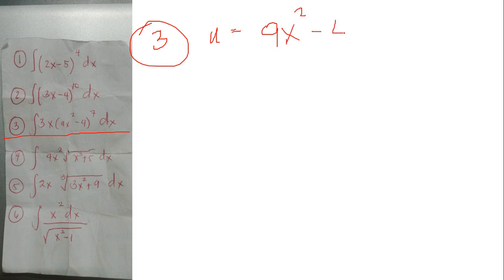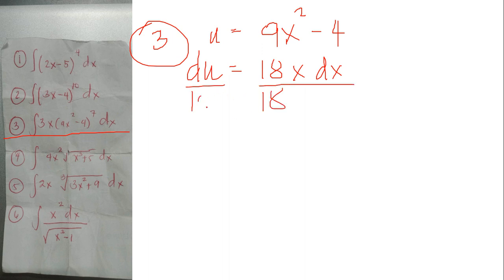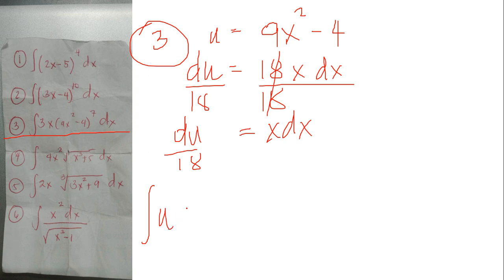9x squared minus 4. Tapos, yung du natin is 18x dx. Tama ba? 9x squared. Okay, tama. Tapos, 7 yung kanyang exponent, no? So, divide 18. So, yung x dx natin dito is du over 18. Ito yung shortest na version ng ating equation.